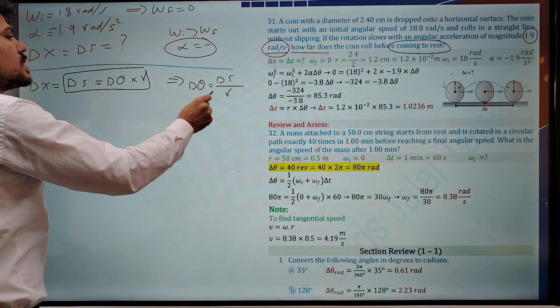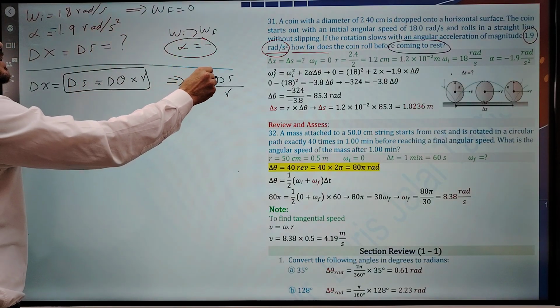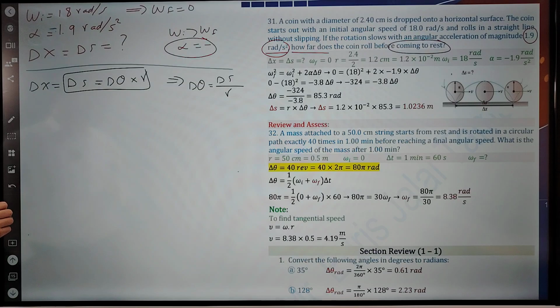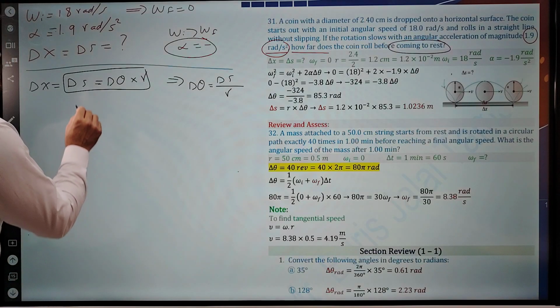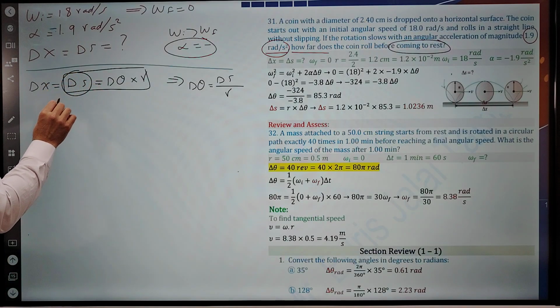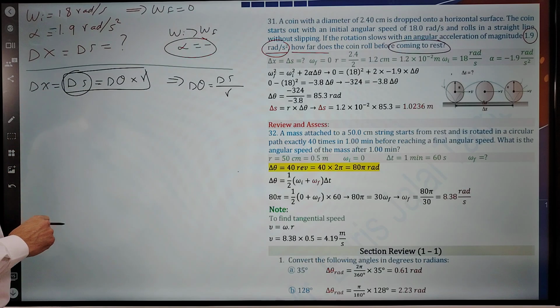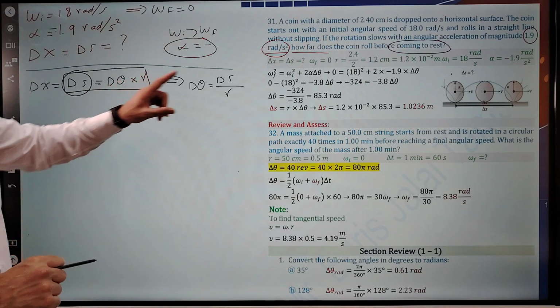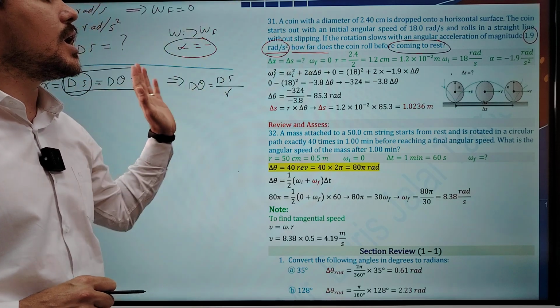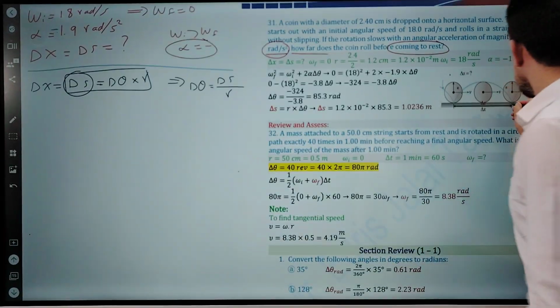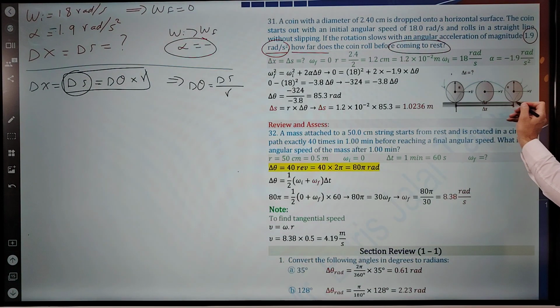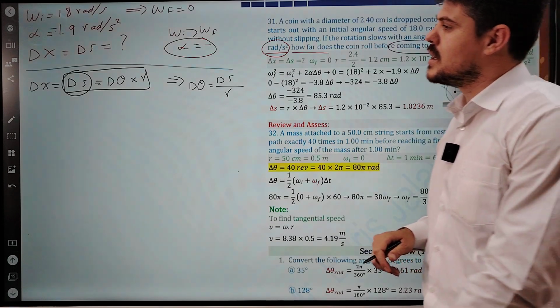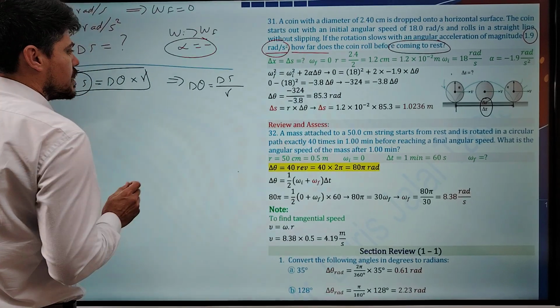Arc length is equal to theta times r. In this question, arc length is equal to delta x. So we have to find delta s. This is the unknown of the question, because the question says how far, which means this displacement, which is equal to delta x. Delta x and delta s in this case are the same thing.